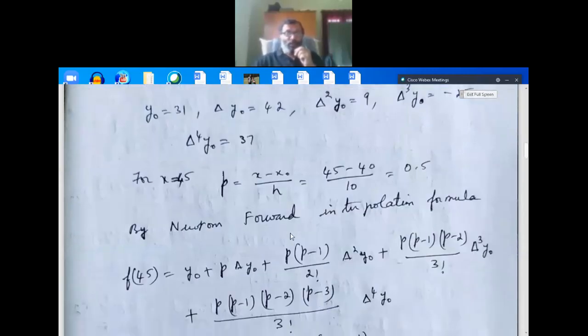Now we write Newton's forward interpolation formula. Sometimes we can do the problem without writing the formula also, but in the exam, always write the formula first.